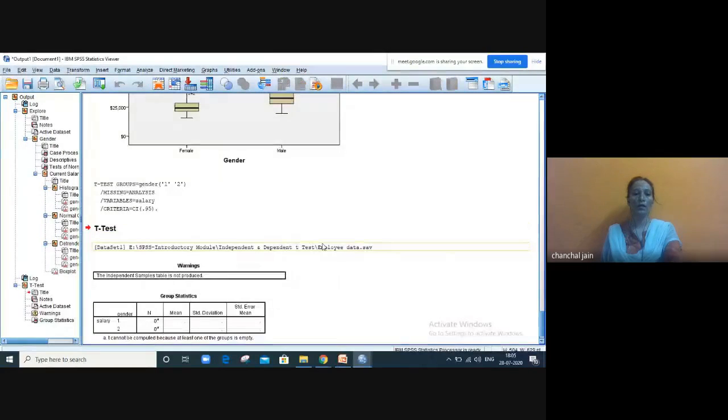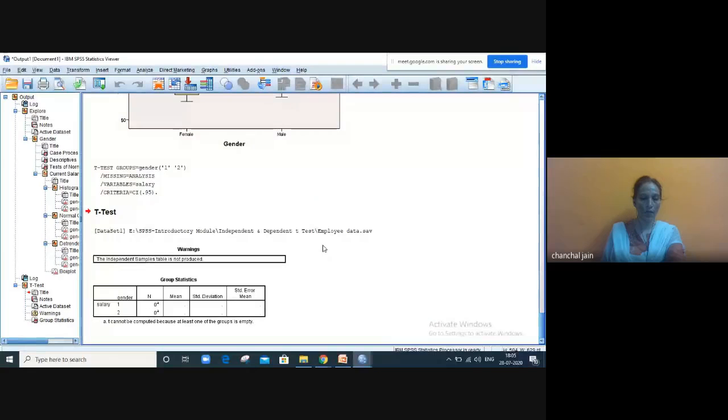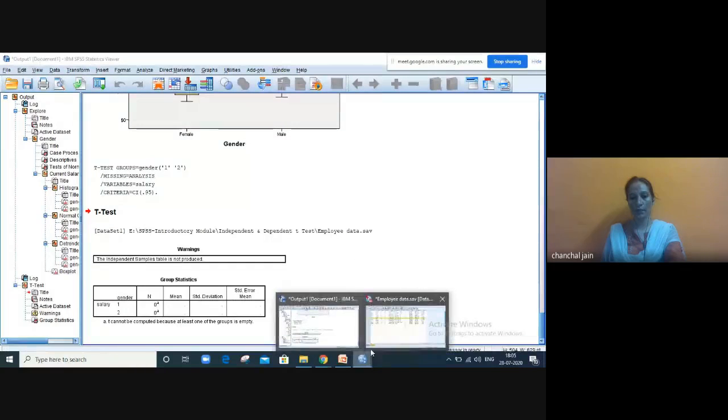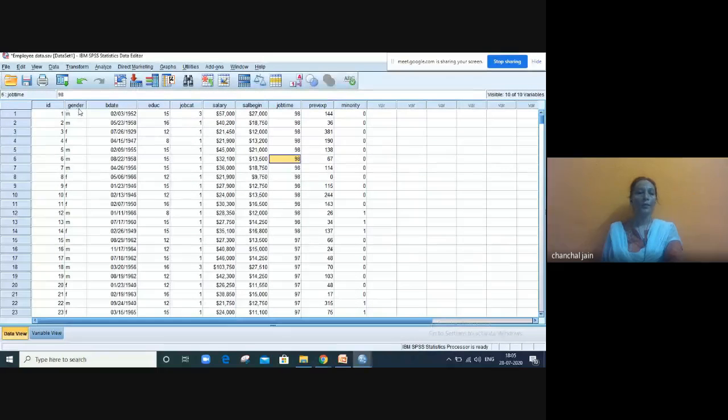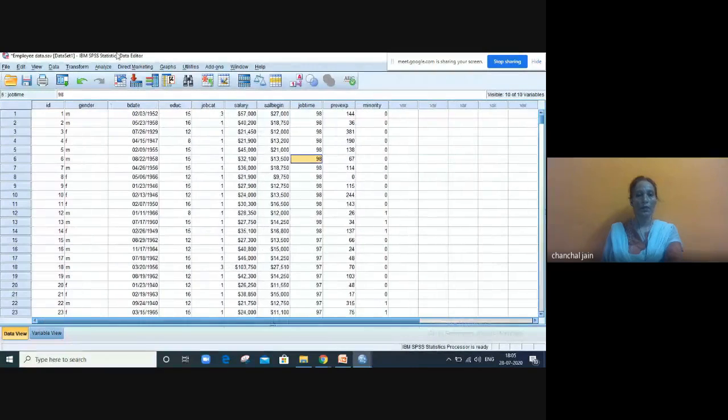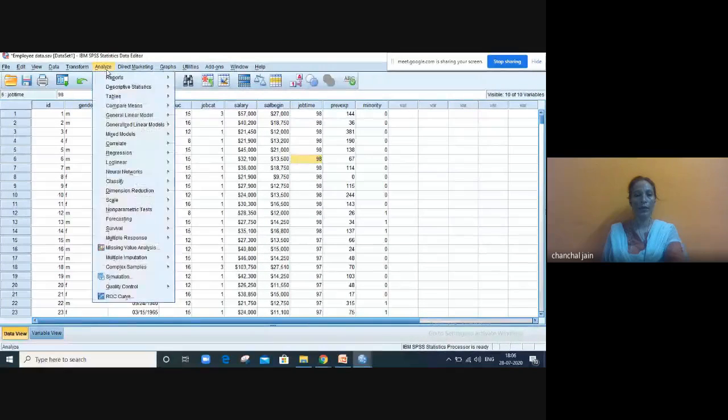As you can see, there is a warning. I need to check the variable first. Okay, because in my data set gender is defined as M and F, so I think I need to give the values differently.